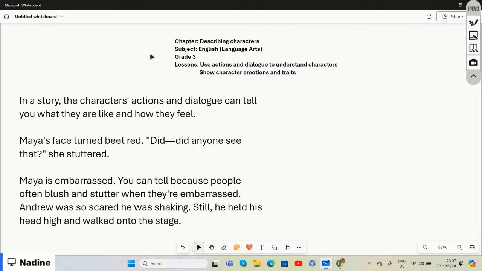All right, so once again, we're doing the chapter of describing characters. Our subject, we said, is English Language Arts, grade 3.